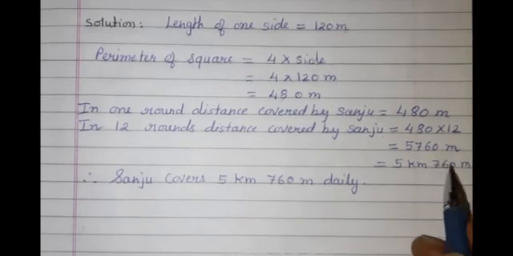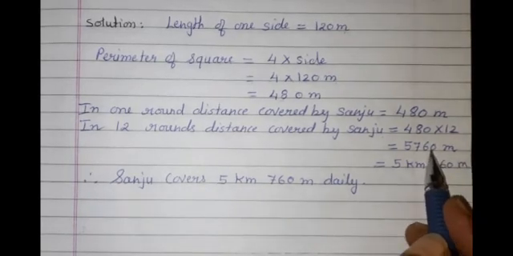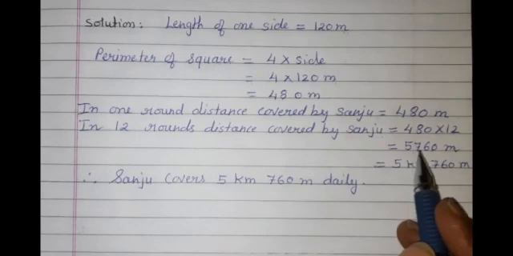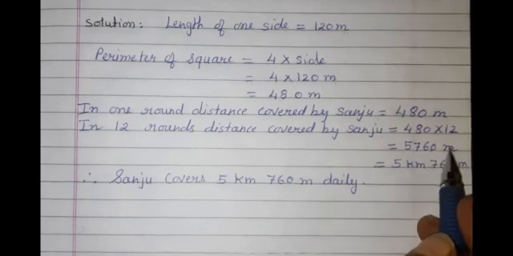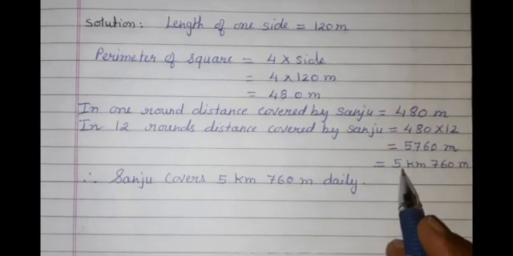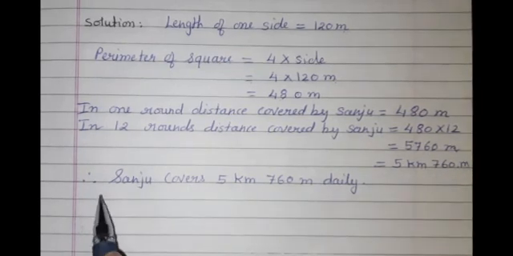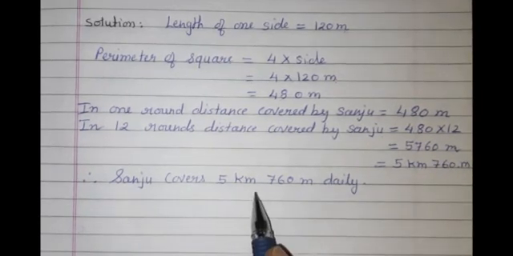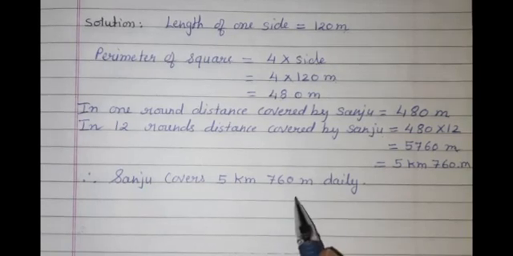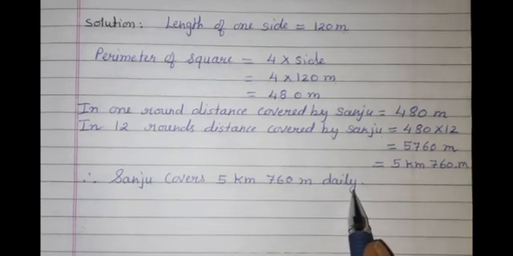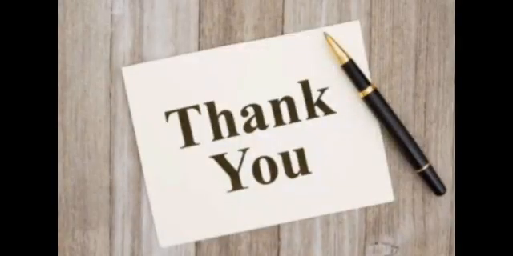So we will change into kilometers and meters. 5760 meters is equal to 5 kilometer and 760 meter. Therefore Sanju covers 5 kilometer 760 meters daily. Thank you.